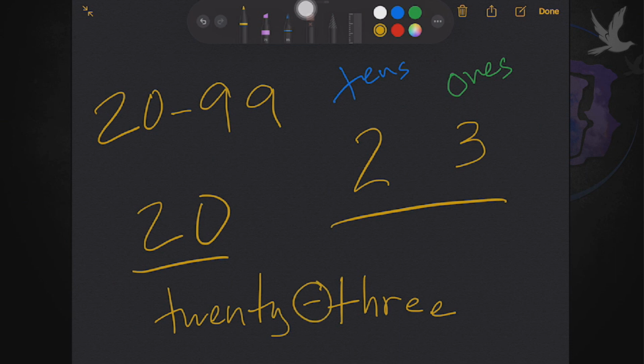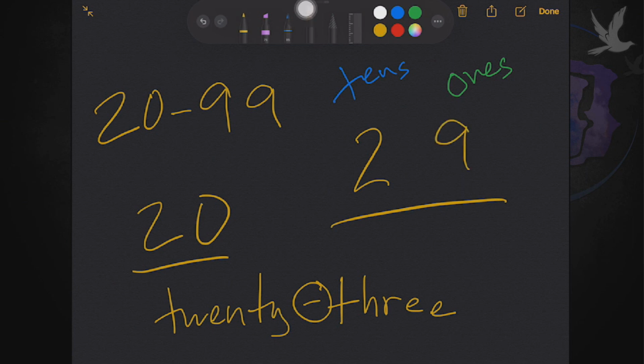This is basically a formal way of writing numbers, where numbers that belong to the tens and ones, or how you read them together, should be hyphenated, which means there should be a hyphen or a dash in between those words.